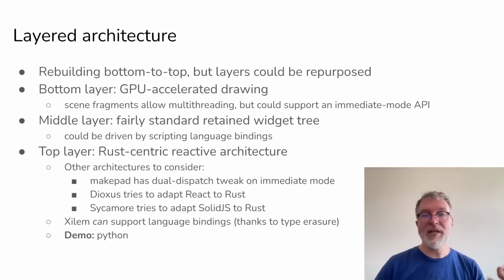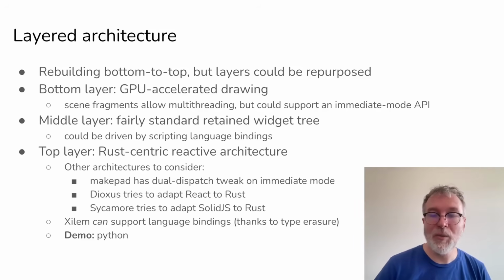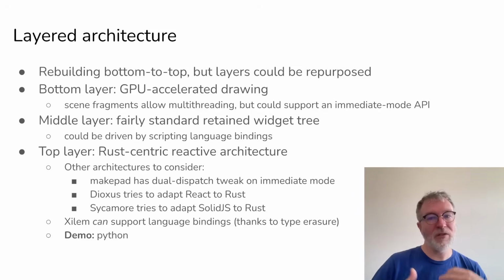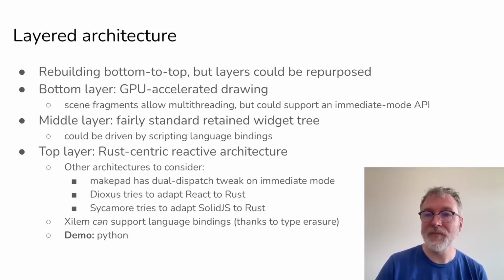It really takes the ideas of React and re-implements them in Rust. And then there's another project called Sycamore, which is finer grained reactivity. So I think from a technical perspective, it's very interesting, and those could be implemented on top. You could take those architectural ideas and implement them on top of our retained widget.